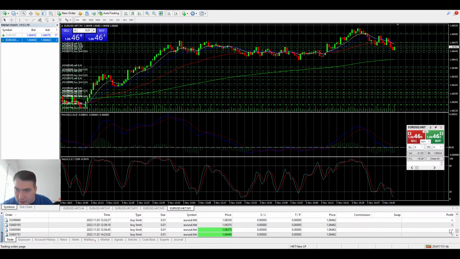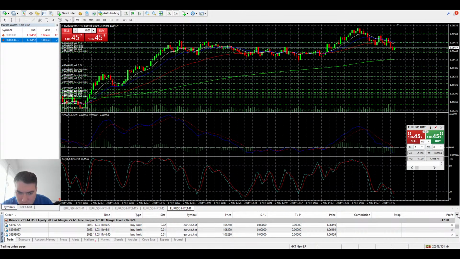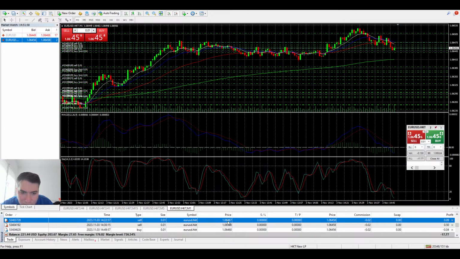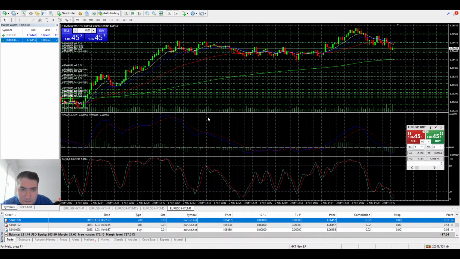Okay, let's see. I think I have one more. Yeah, I have one more buy here. So I'm taking 6467 off the table. This is only 7 cents, but the target or the goal is to improve my average price.